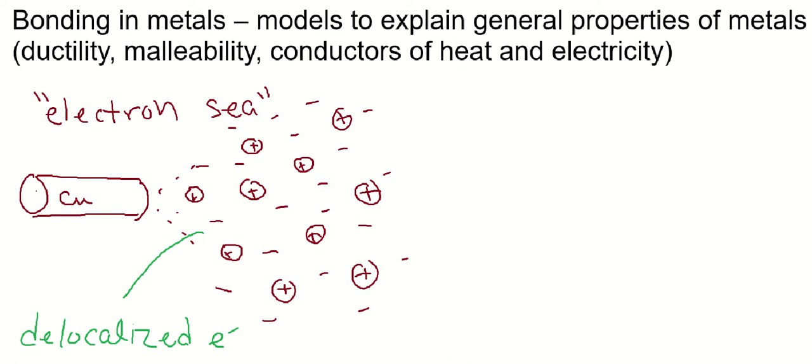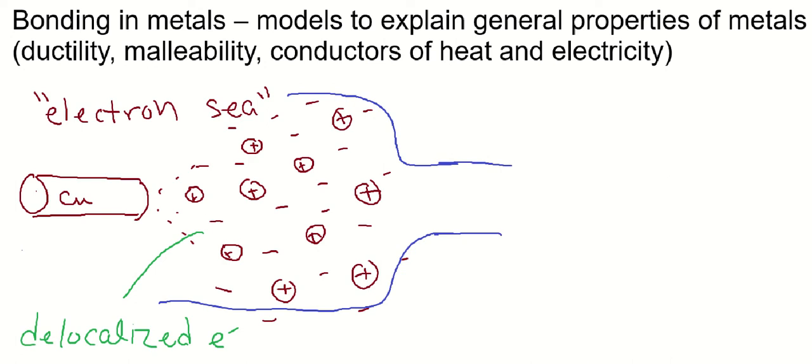And in class I had you consider applying some amount of force into a narrow cylinder. Okay, so we're applying some force, and what you'll see is that the cations can shift. Now it's not correct to say the cations are delocalized.